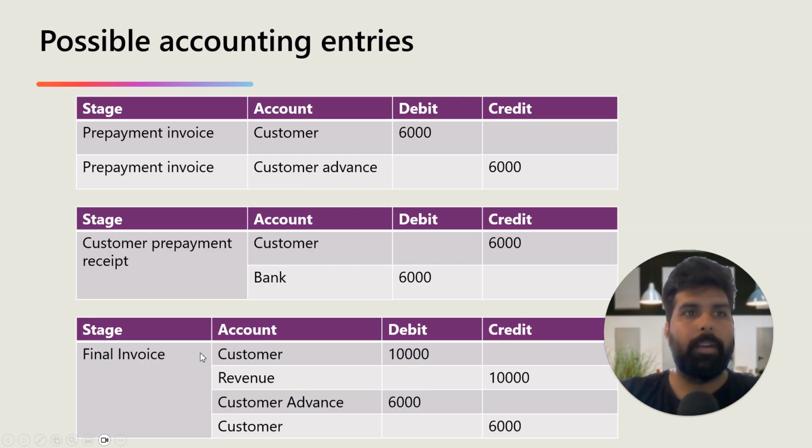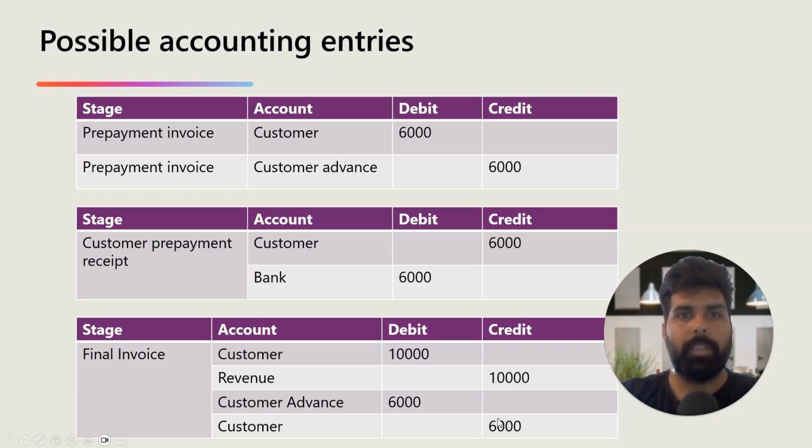Now there will be a final invoice which you will be doing. So let's say the customer will be debited 10,000 and 10,000 is revenue credit if it's just, let's say, a sales invoice. So now when we apply the customer advance, the end result should be that the customer advance, where the credit is sitting, should be debited, should come out, and then the customer should be credited.